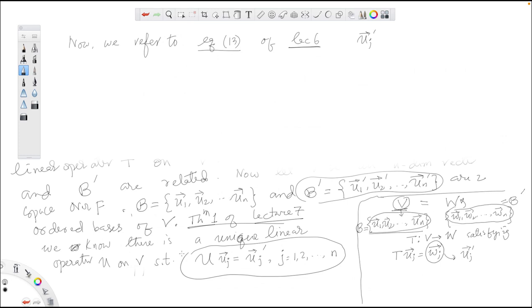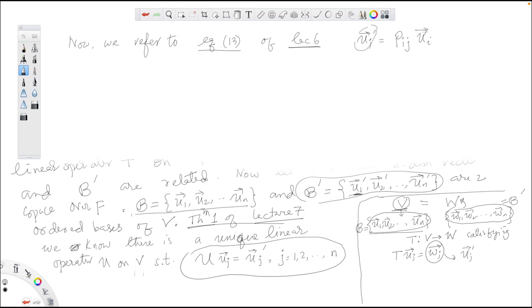There we see that these are the basis elements of the ordered basis B prime of the vector space V. We can always write these vectors as a linear combination of the vectors in the basis calligraphic B, and the coefficients of these linear combinations are precisely the entries of that invertible matrix P. We saw that in lecture 6.